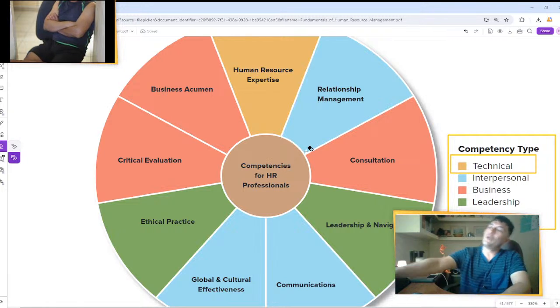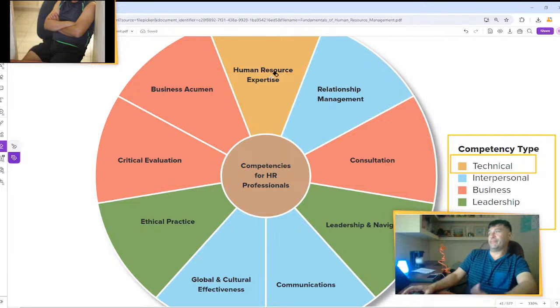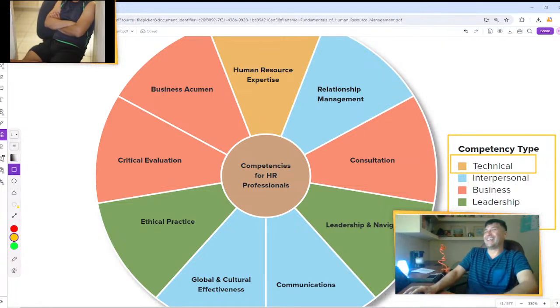We can't put that in any other cluster. It's specific technical knowledge. So it looks like a little one, but they put all the technical stuff right here in the gold color. I only recognize three colors. You're colorblind? That's it.